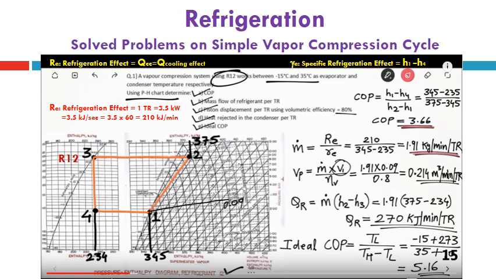The ideal COP can then be estimated using the temperature in Kelvin of the evaporating temperature, T low, divided by the temperature difference, per Kelvin or per degree Celsius. For this difference, we can get that the ideal COP is equal to 5.16.